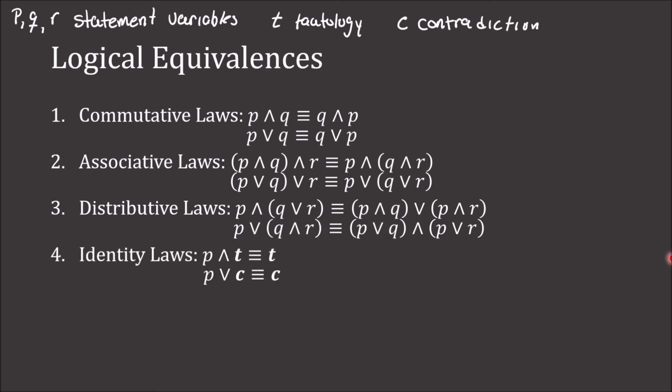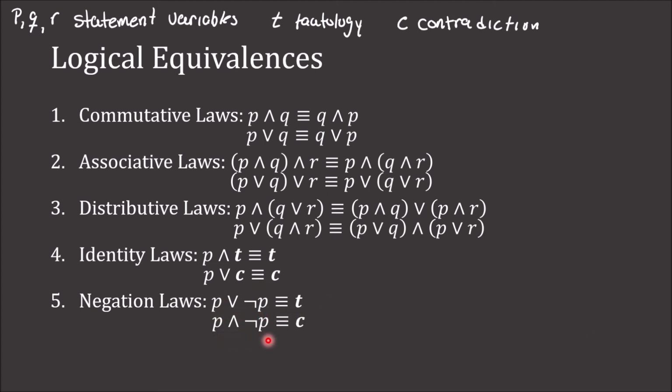Next up, identity. If we take P and a tautology, the result is P. If we take P or a contradiction, the result is P. Negation laws. If we take P or not P, the result is a tautology.